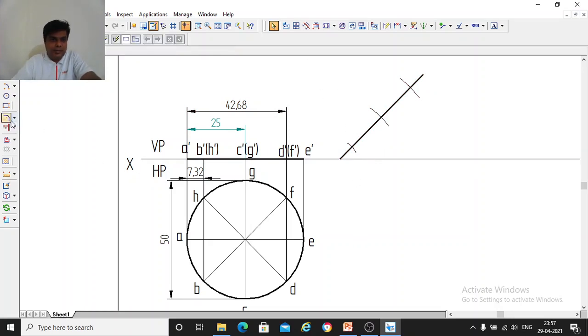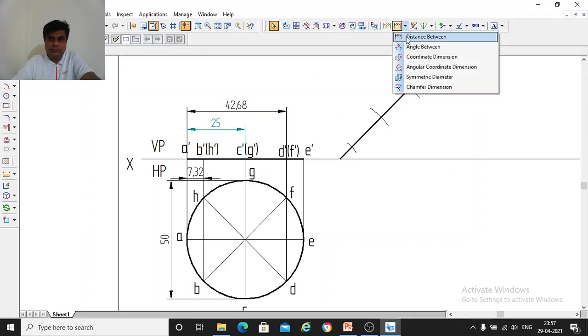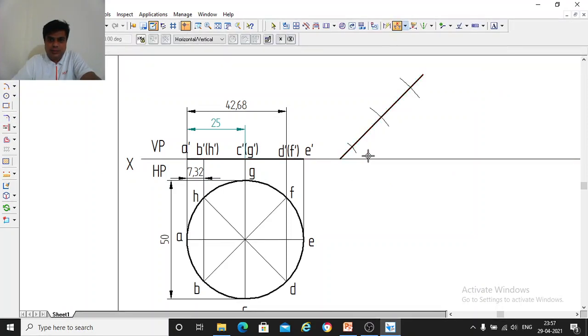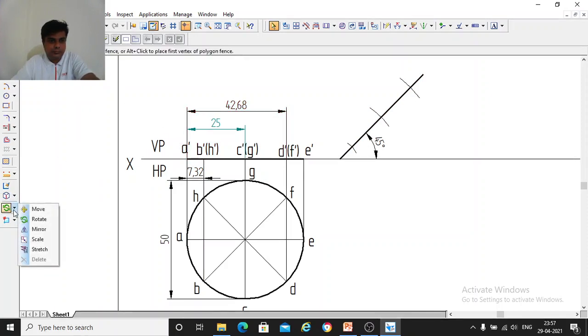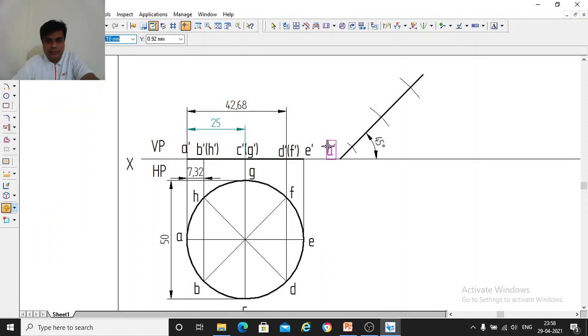And the dimension, that angle you have to give. So angle between this and this line will be, how much it is? 45. So this front view you should draw at 45 degrees, and all these points you should measure them and write here. So once again, this is A dash, write it here A dash.